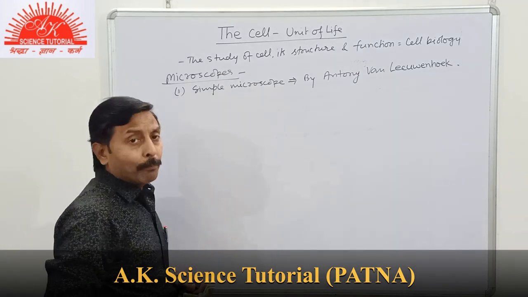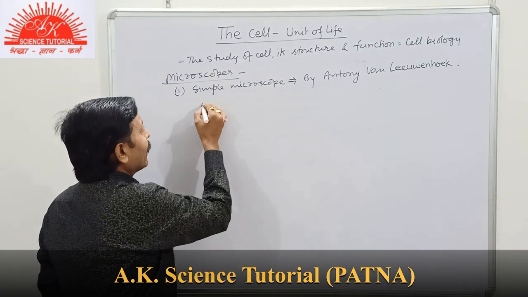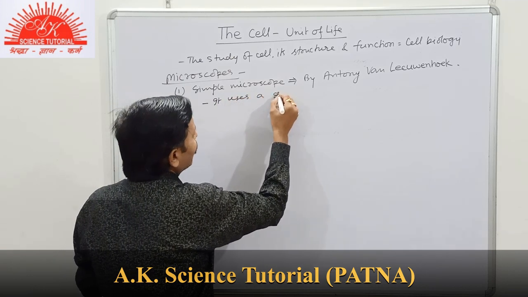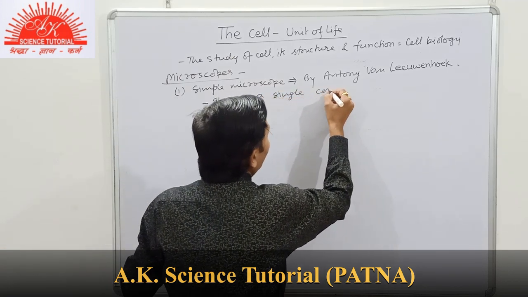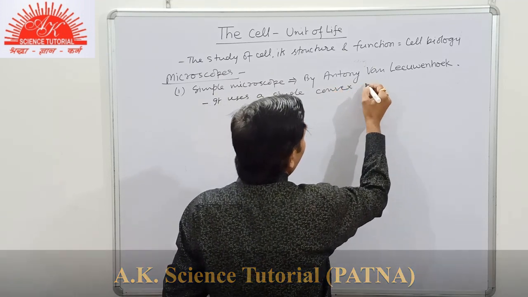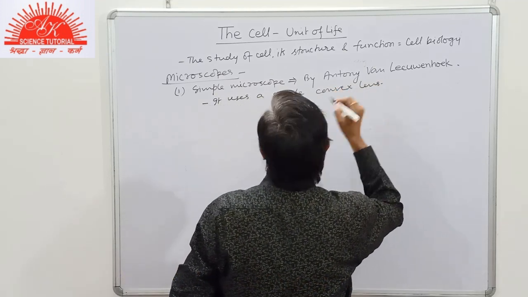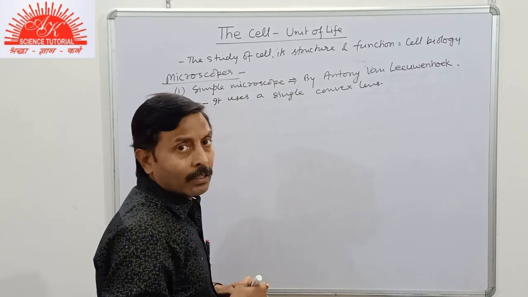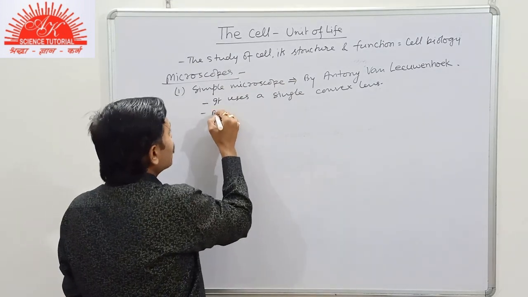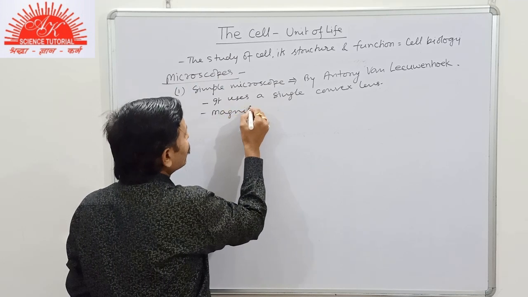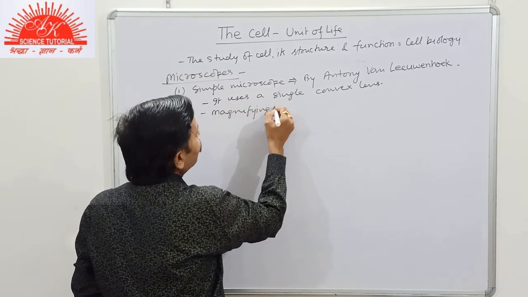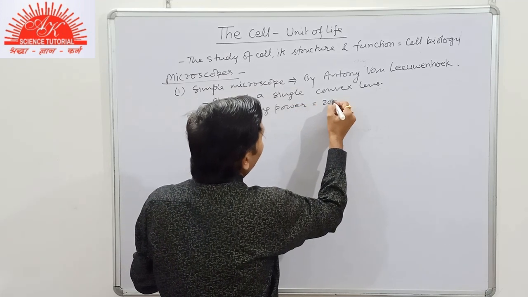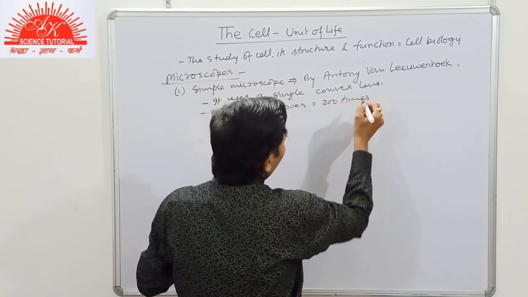In this simple microscope, it uses a single convex lens, and its magnifying power was 200 times.